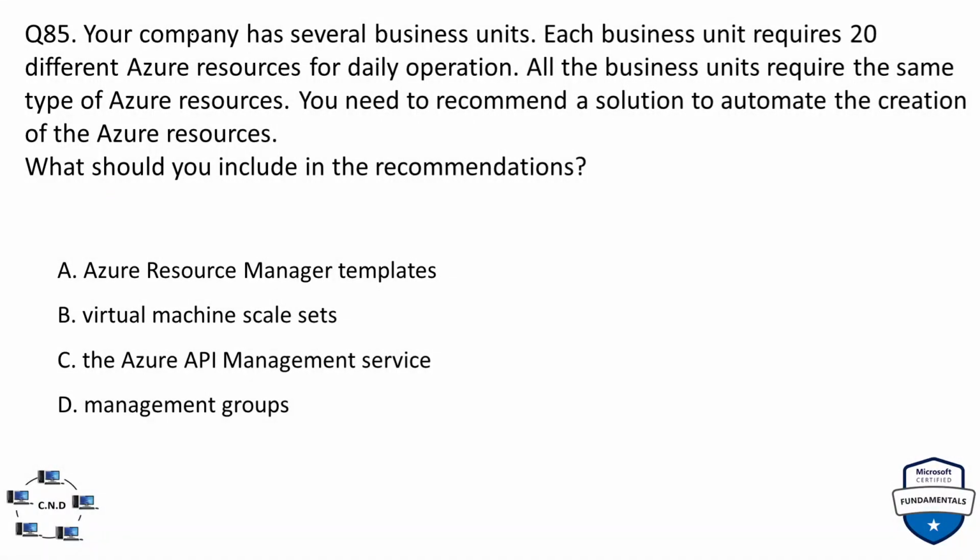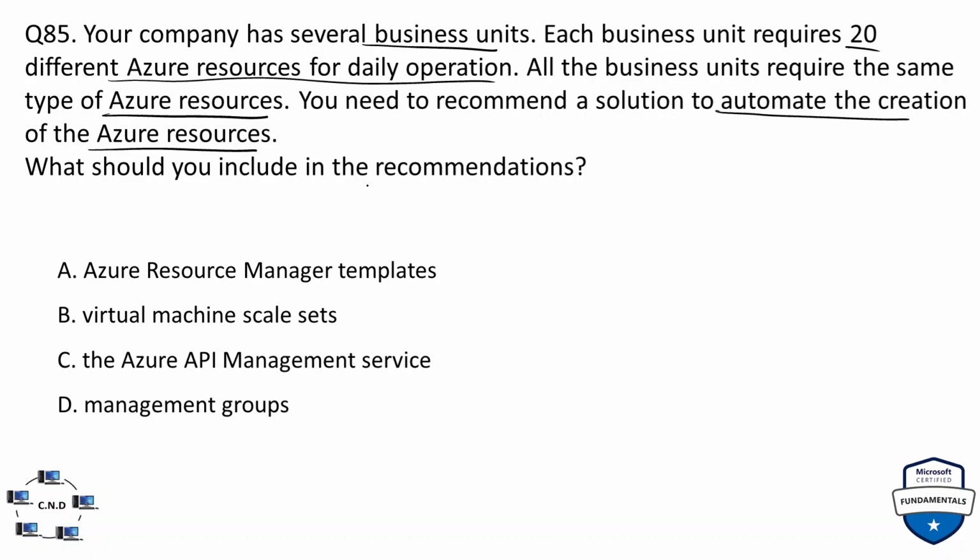Question number 85 is that your company has several business units. Each business unit requires 20 different Azure resources for daily operation. All the business units require the same type of Azure resources. You need to recommend a solution to automate the creation of the Azure resources.